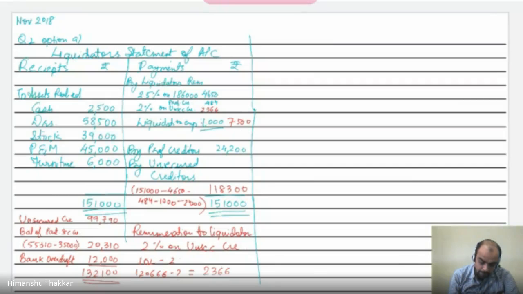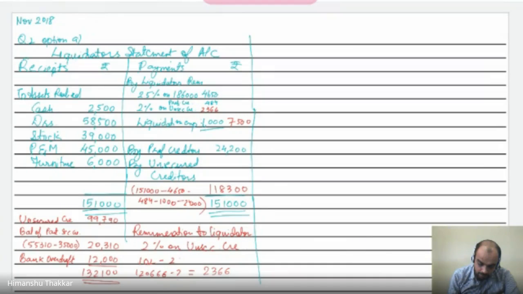Okay. Then we talk about preference shares, value of preference shares. So for preference share, what is given to you in the example? Just have a look at the question. Preference shareholders are discharged at a premium of 20%. Okay. So they are given 20% more. So the new preference shares will be 15% preference shares and the value of it will be the same, 5 lakhs, and they are to be given premium as well.